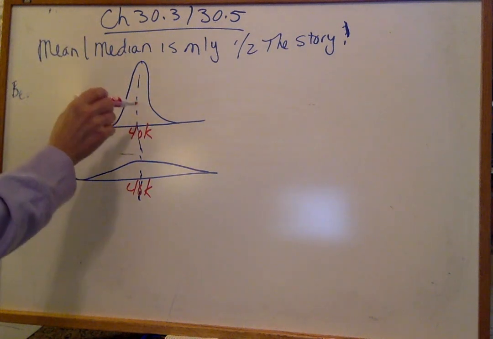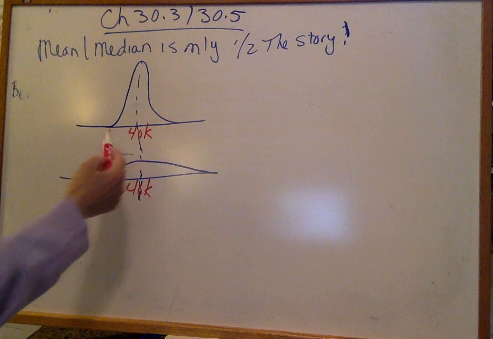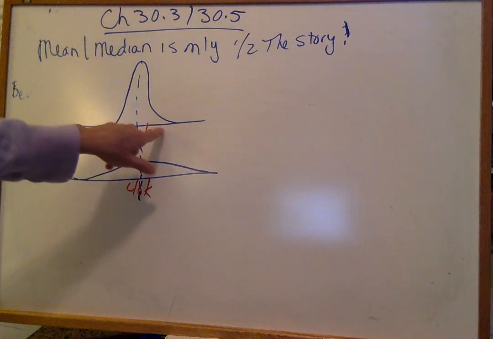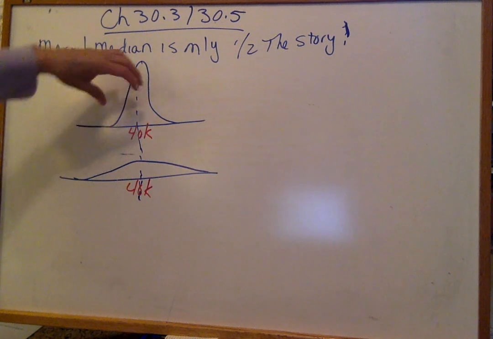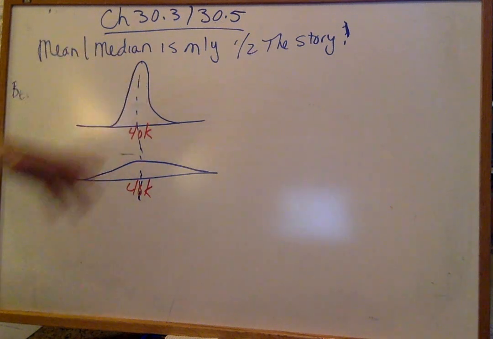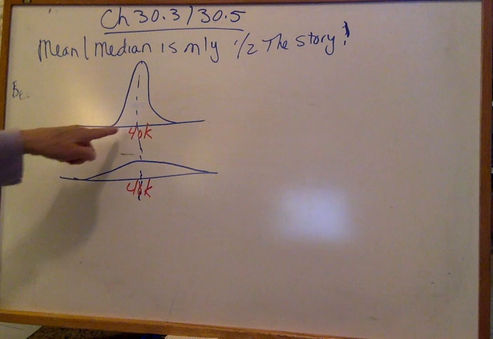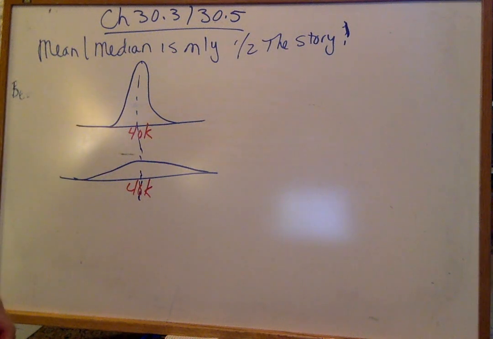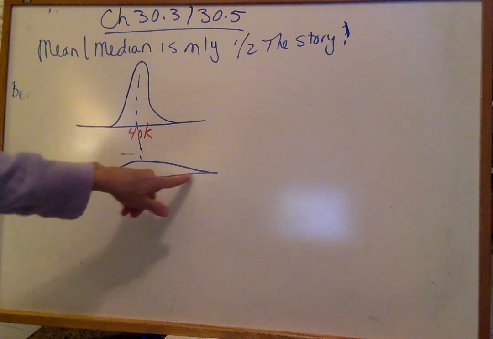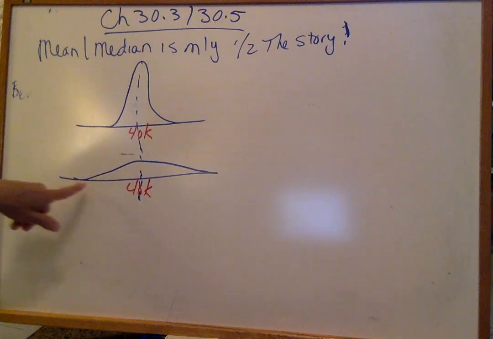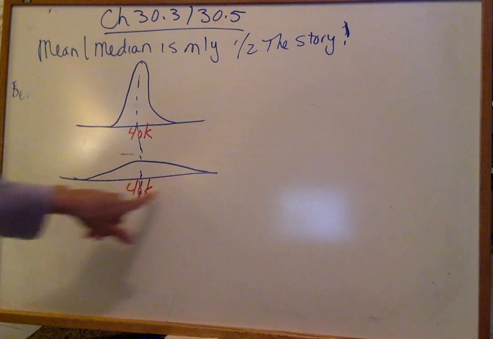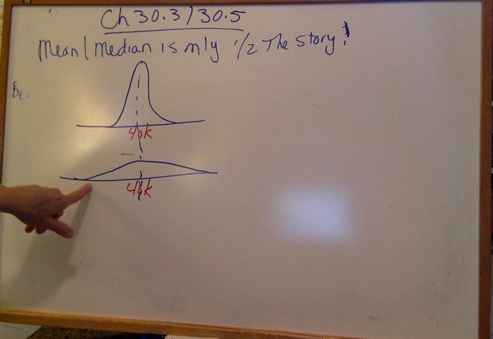We're hoping it came from this one. This is salaries down here. This one is representing, sure, you might make a little bit more or you might make a little bit less, but most of the people are making right around $40,000. So even if you made a little bit less, you can tighten up your budget or something. This one is so spread out that you might end up being rich or you might end up making hardly anything and you're living back home with your parents.